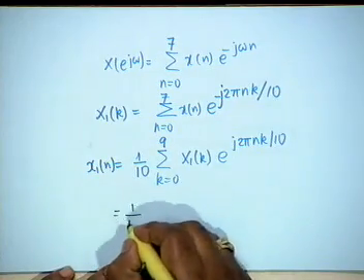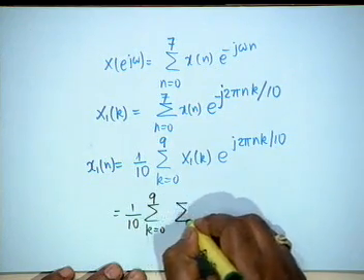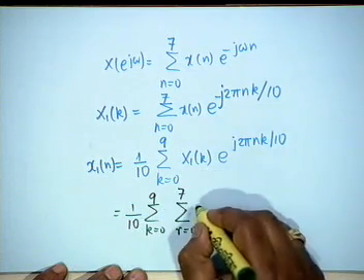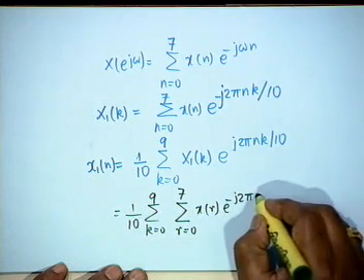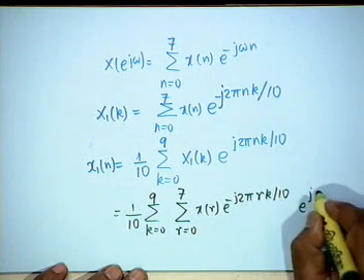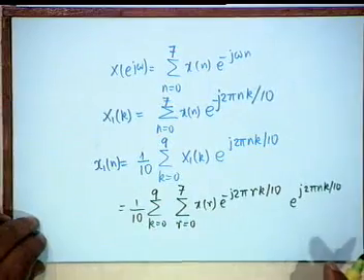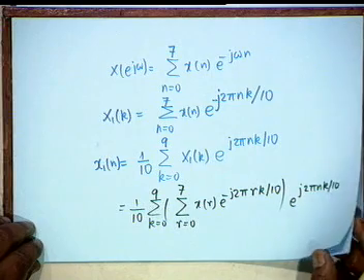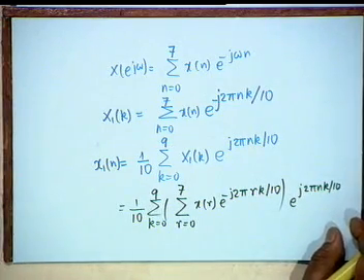So, I get 1 over 10 summation k equal to 0 to 9, then summation r equal to 0 to 7 x of r e to the power minus j 2 pi r k by 10 multiplied by e to the j 2 pi n k by 10. If you want, you can put this in bracket. Then you interchange the two summations. k and r are independent dummy variables.